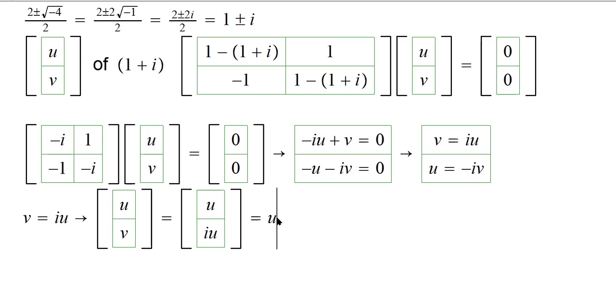I can factor U out. What will that leave behind? 1, i. So all the eigenvectors are multiples of (1, i).